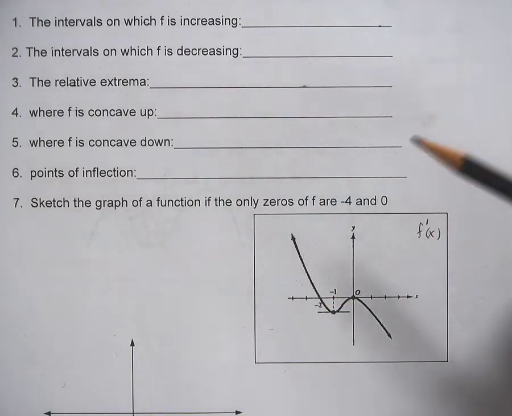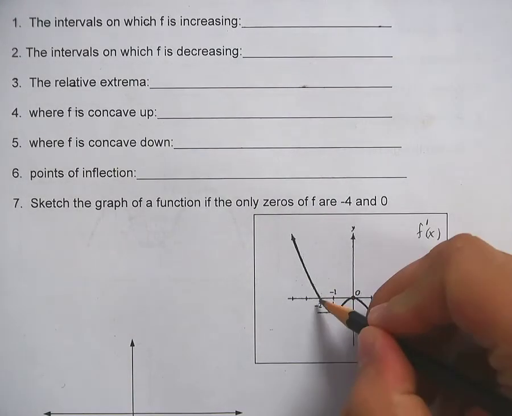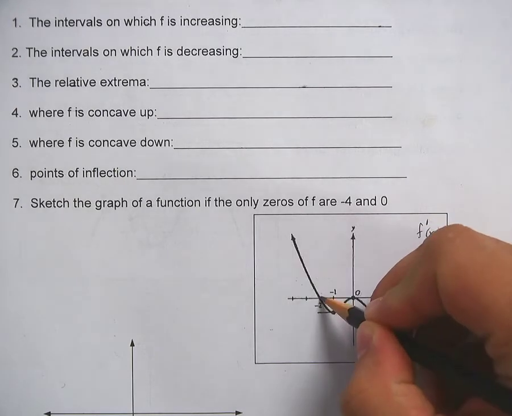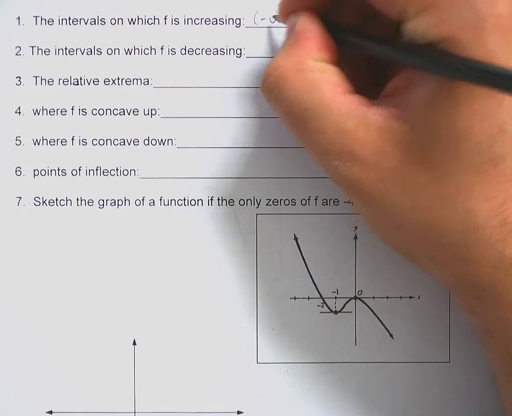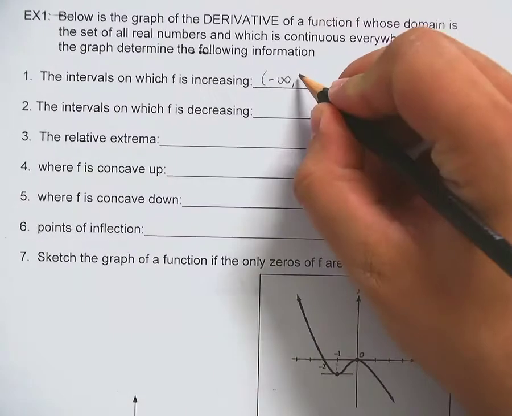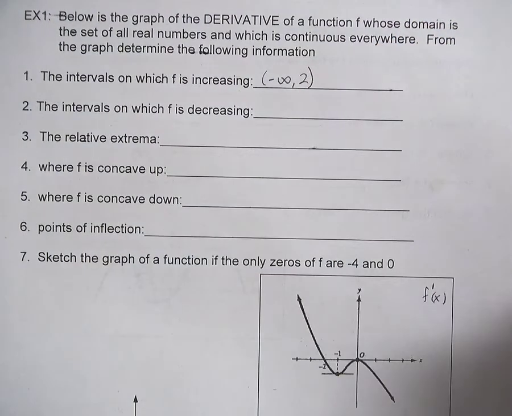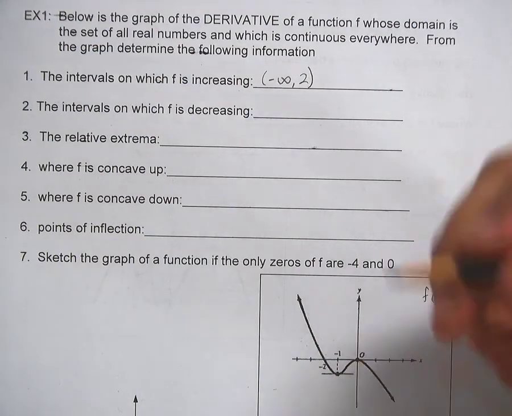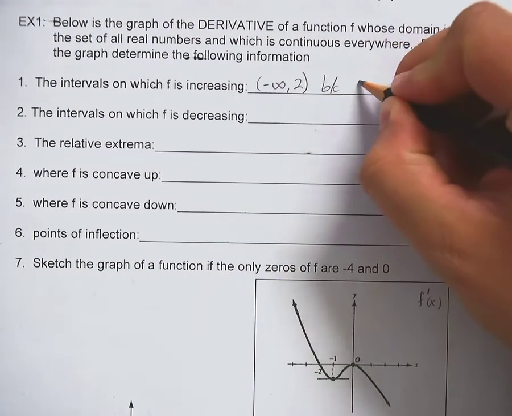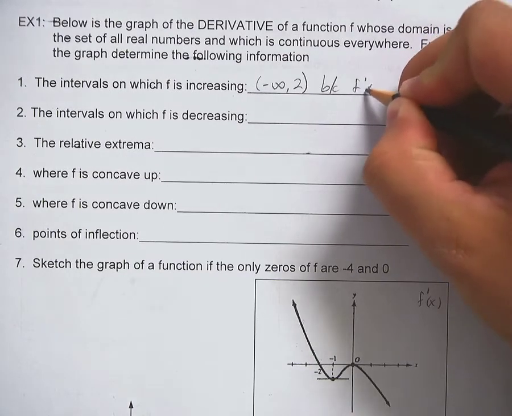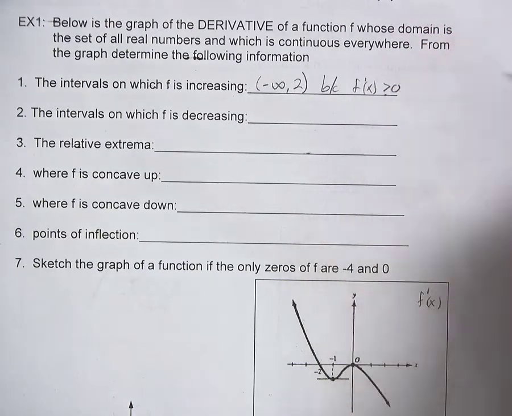That's nothing new. So where's my derivative positive? From negative infinity to here, and it looks like nowhere else. So from negative infinity to 2. And let's go ahead and tell why. So because f prime of x is greater than 0.